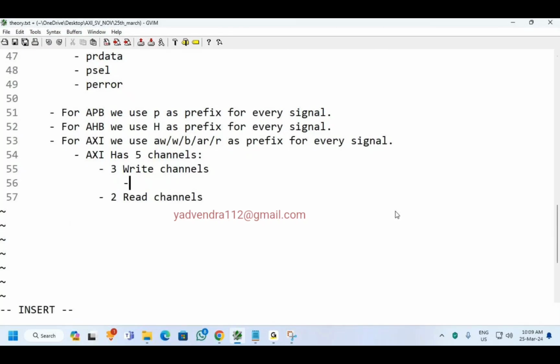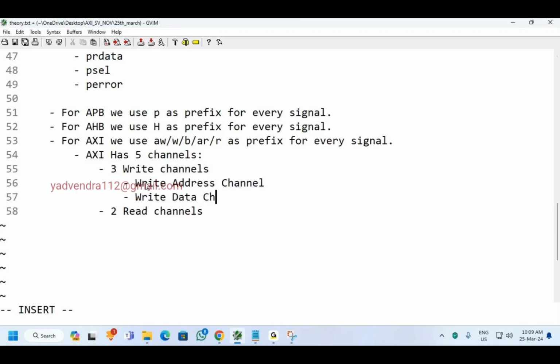The write channels handle the write transaction, and the read channels handle the read transaction. A transaction consists of address and data. The 3 write channels are the write address channel, write data channel, and write response channel.